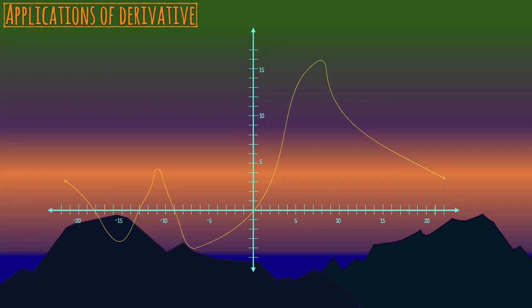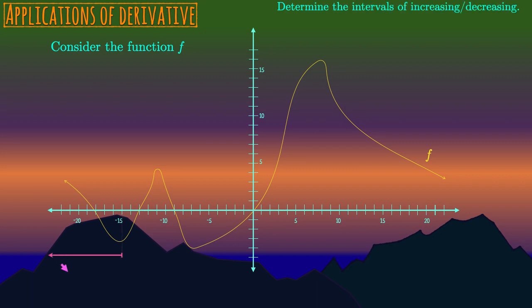Alright, so graphically, we can figure out what's happening here. If we were to ride our bike left to right, from negative infinity all the way up to negative 15, we'd be going downhill. And that means that we would be decreasing. But then we'd be going uphill until we got to negative 11. But then downhill again until we got to negative 7.